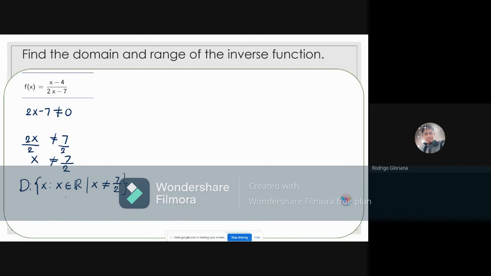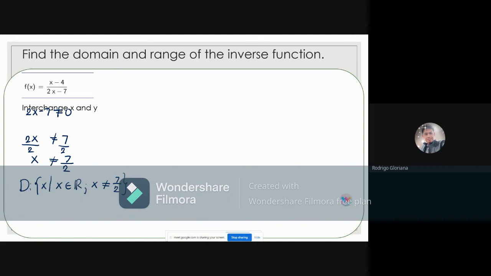This means, class, 7 over 2 is not included. What do we call it when it is not included? That is what we call the vertical asymptote.